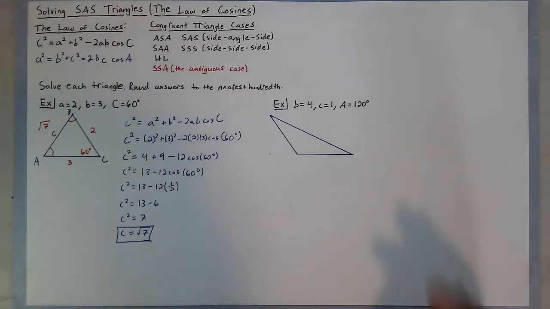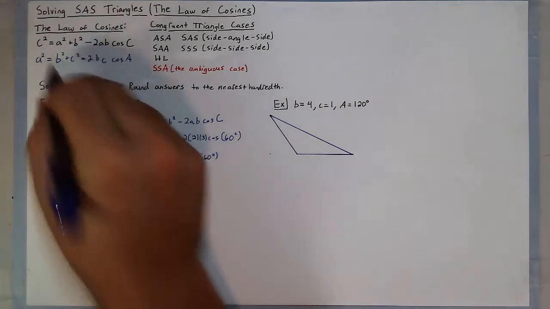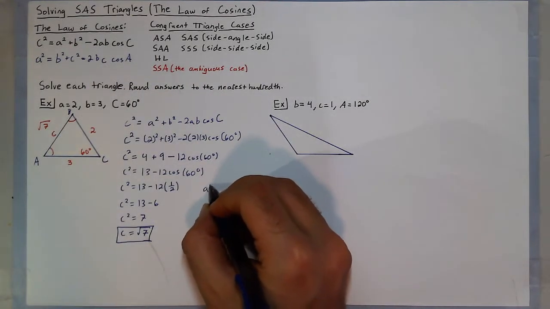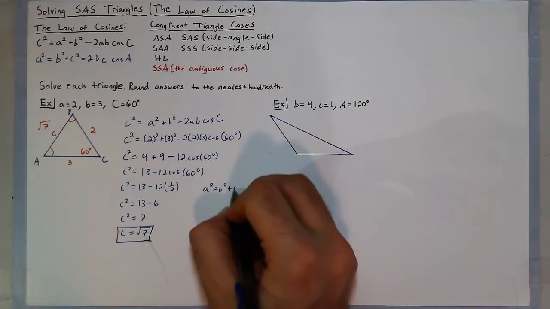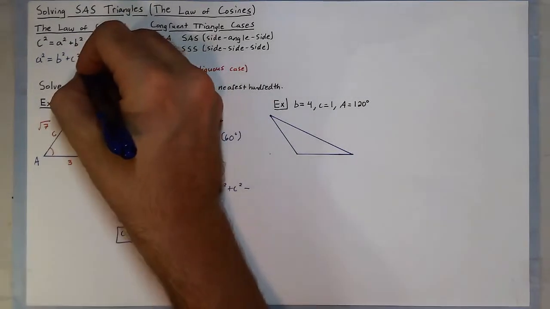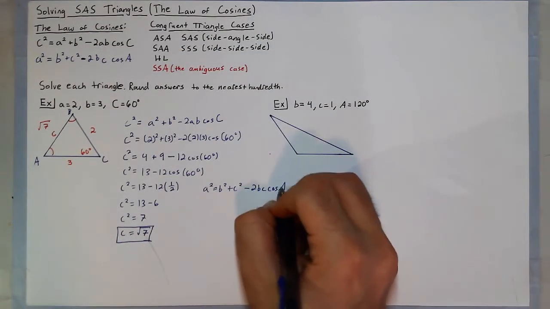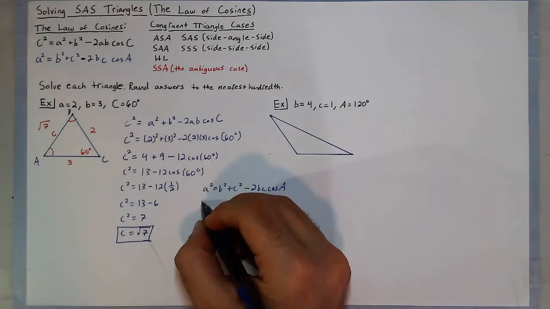Now how this will help me is now I know what side C is, and I know what side B is, and I know what side A is, so I can look for angle A. So plugging everything into that formula, I'll rewrite the formula here for a second. A squared is equal to B squared plus C squared minus 2BC cosine of A.